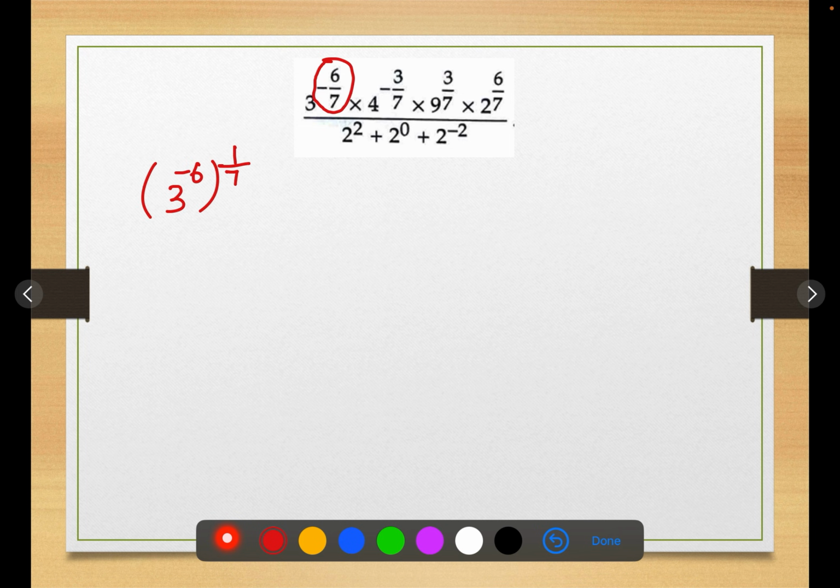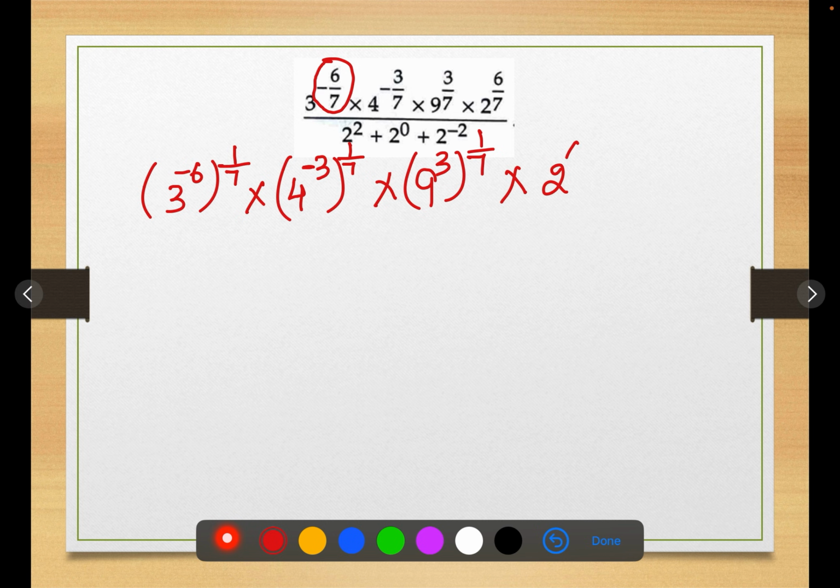I have split this power. I'll do the same for the next. 4 to the power minus 3 to the power 1 upon 7. Multiply 9 to the power 3 to the power 1 upon 7. Again 2 to the power 6 to the power 1 upon 7.